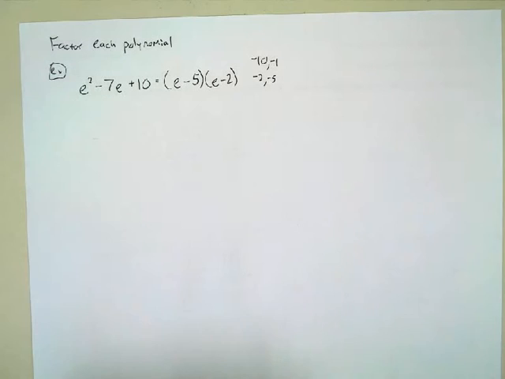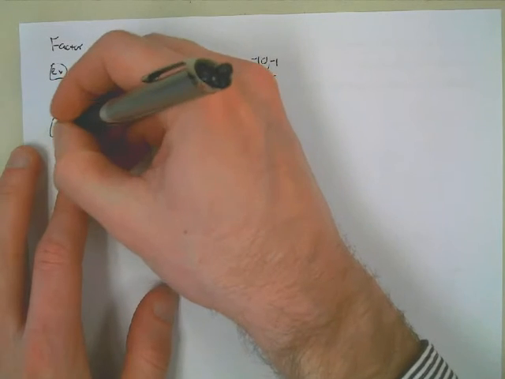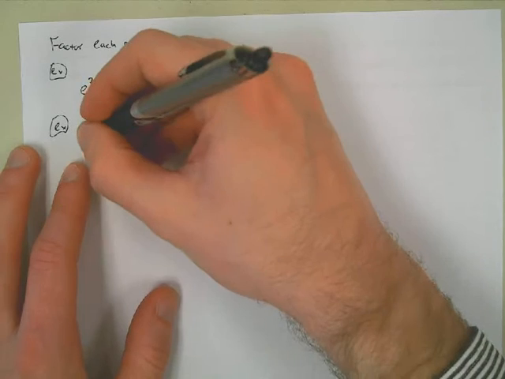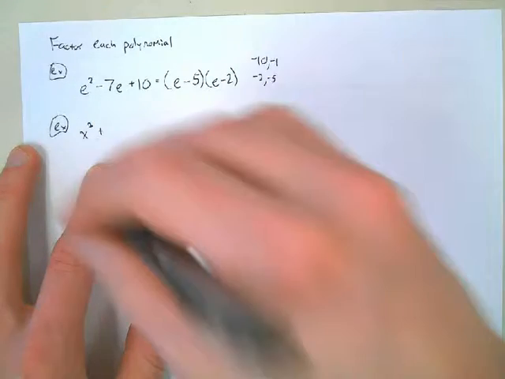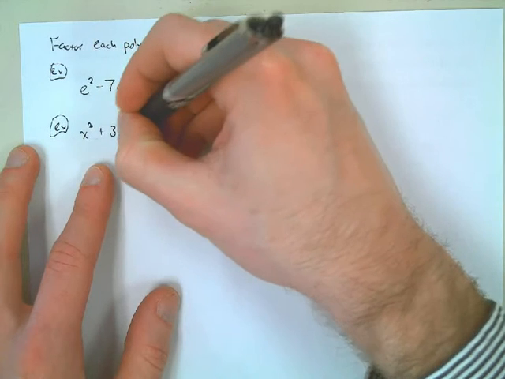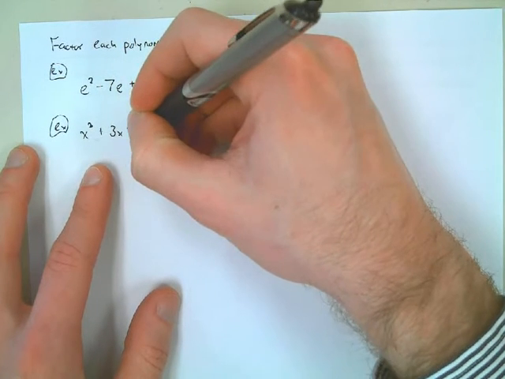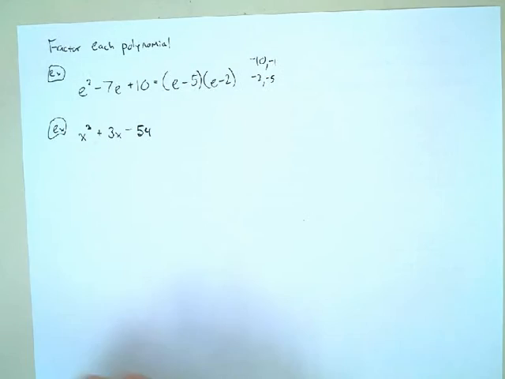All right, how about x squared plus 3x minus 54. Okay, x squared plus 3x minus 54.